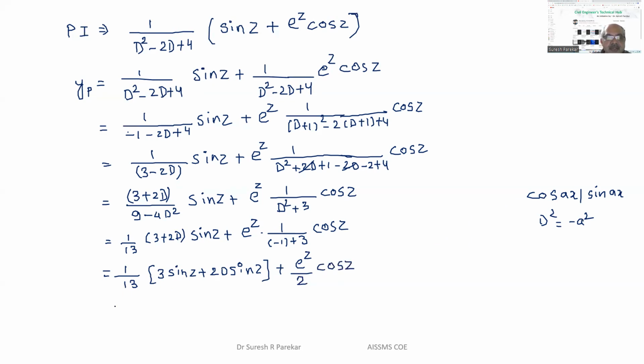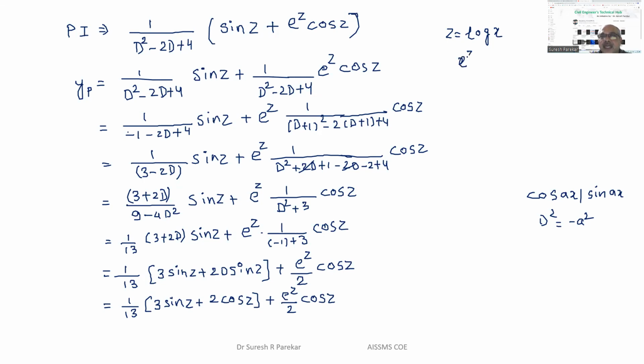If we solve this, we get 1 by 13, 3 sin z, then D of sin z gives cos z, so plus 2 cos z, plus e to the power z upon 2 cos z.